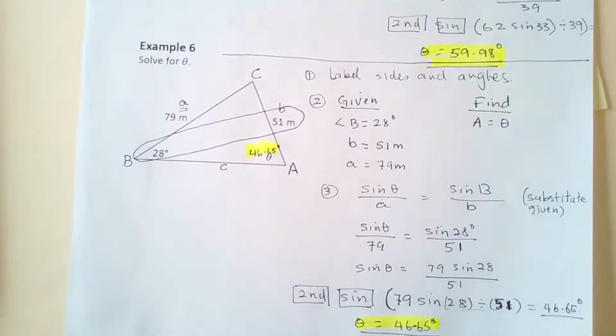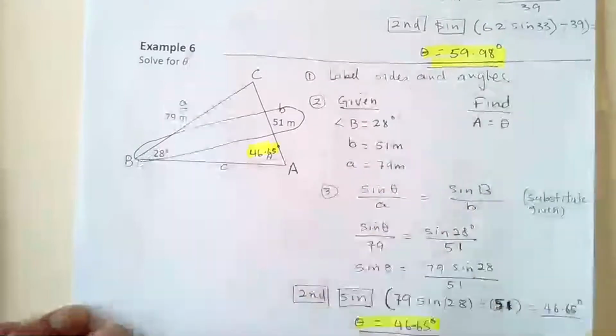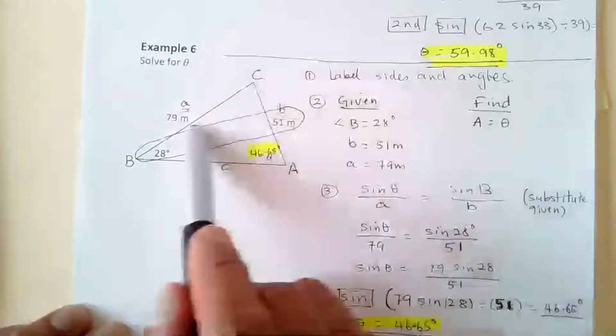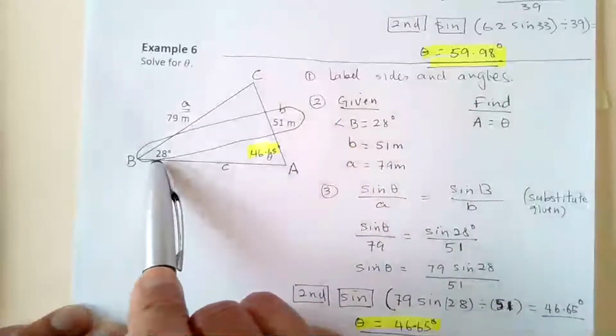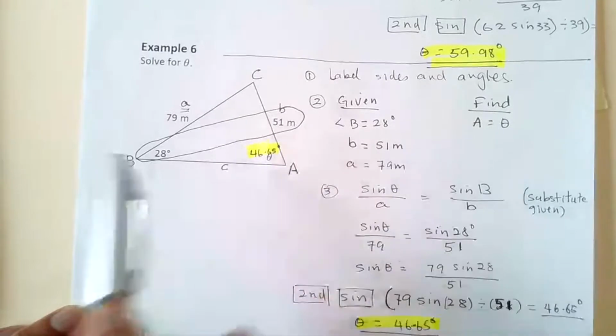So let's recap. Whenever we're asked to find the missing angle of an oblique triangle, and a right angle triangle, step one, we label the sides and the angles. And to use the sine law, we need a matching set. In other words, an angle and the side opposite that angle.